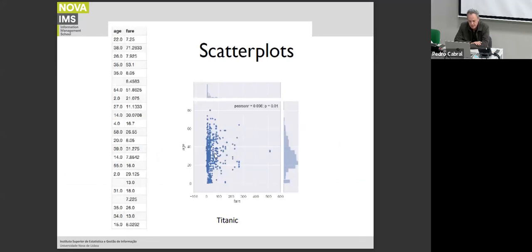So we have here an example of another data set about Titanic. Okay, everybody knows Titanic, right? So we are representing in a scatter plot the age of the passengers against the fare they have paid.